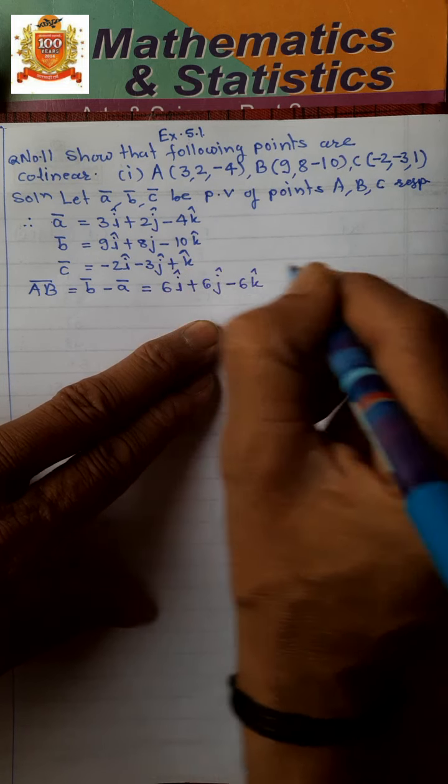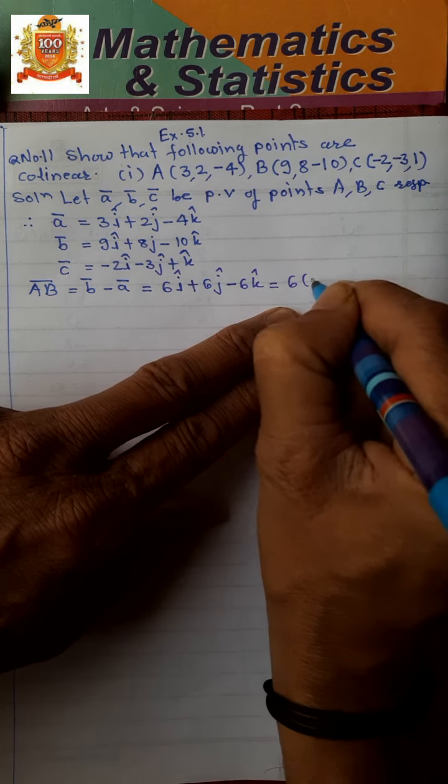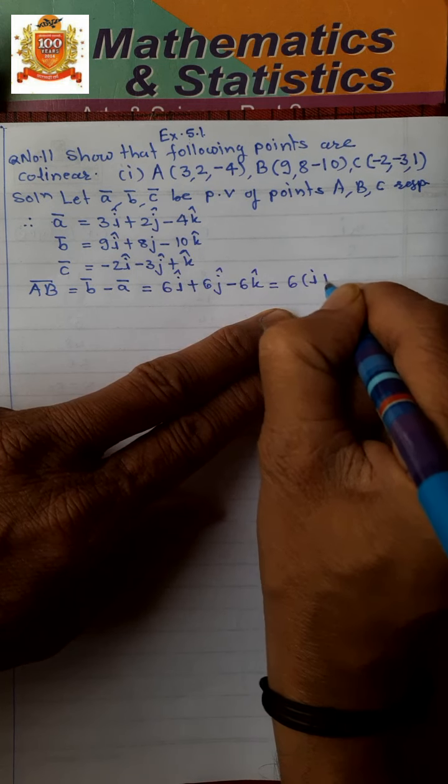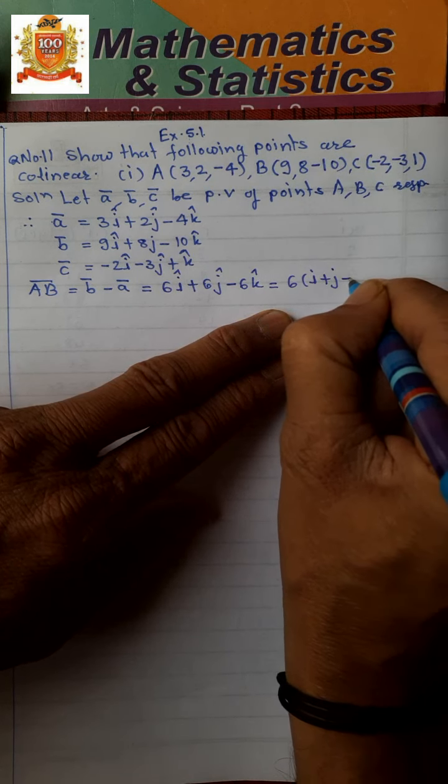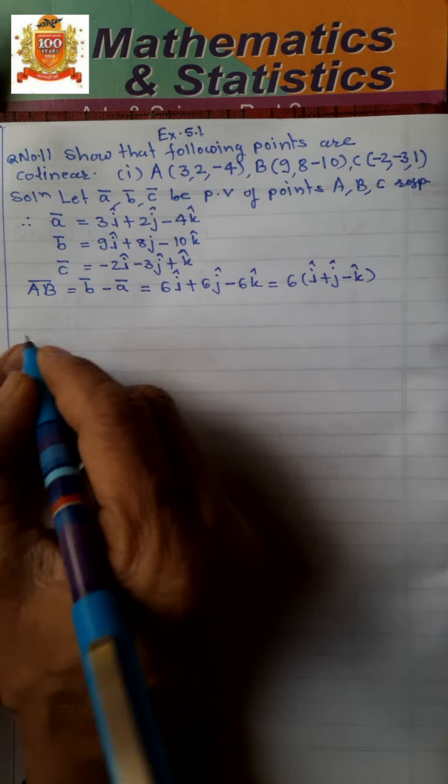This is AB bar, that is equal to 6 in bracket i plus j minus k. Isn't it? In this way we found AB bar.